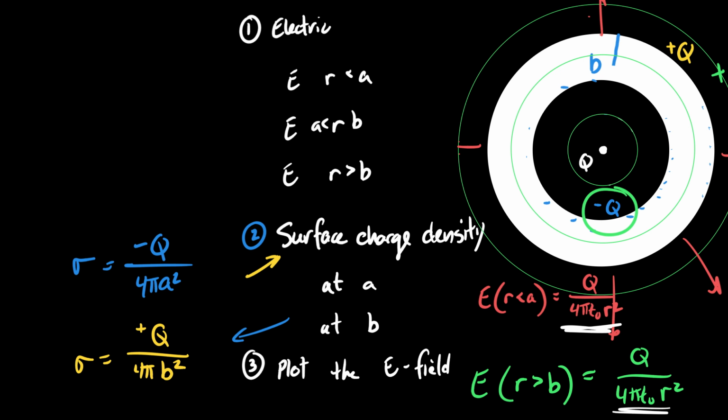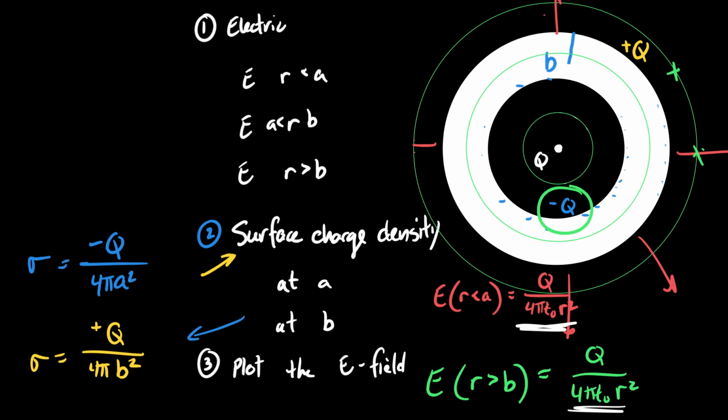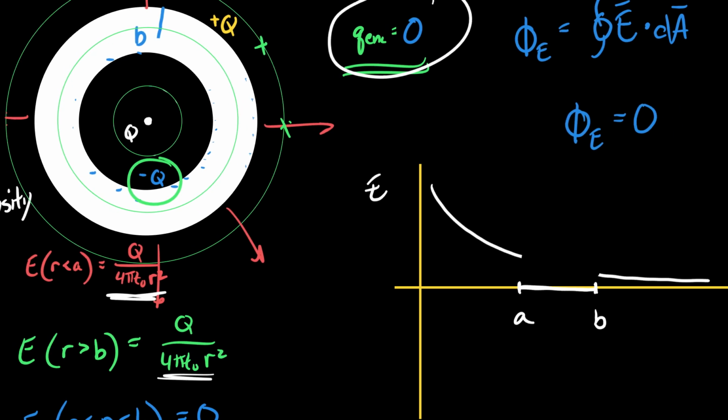Yeah, it's more concentrated on the inside than the outside. That's also why the electric field is less. On the outside of the sphere, the surface charge density is smaller. So that explains why we have this loss.